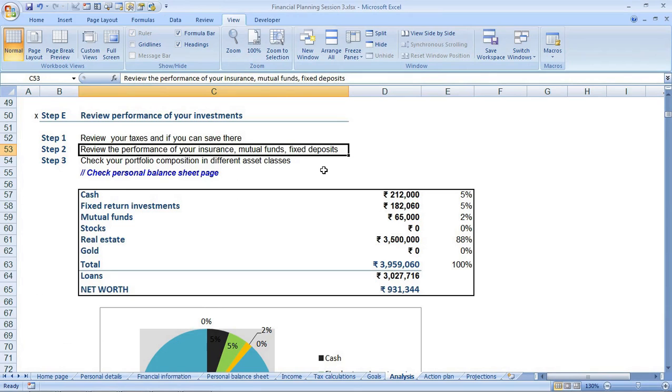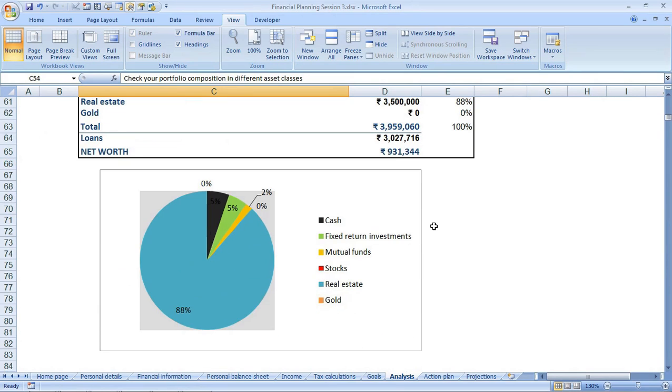Review the performance of insurance, mutual funds and fixed deposits. He doesn't have any, but in your case you can look at how the insurance has grown, whether it has given you good returns, whether your invested mutual funds have performed as expected, and how much your fixed deposits are contributing to your asset portfolio. Finally, you can look at your composition: are you completely into fixed return investments?